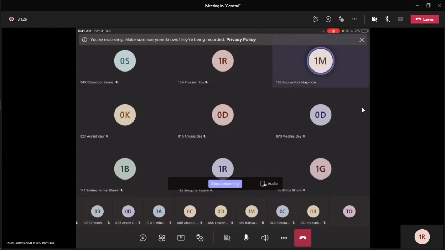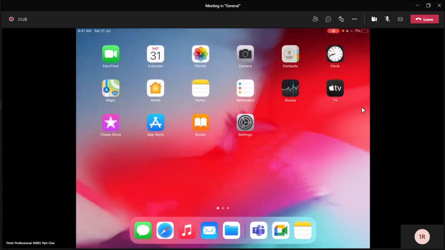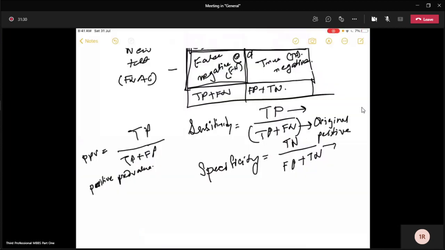Sir, ওটার then false negative, sorry, true negative becomes the value to be tested. So true negative by true negative plus false negative. Very good.